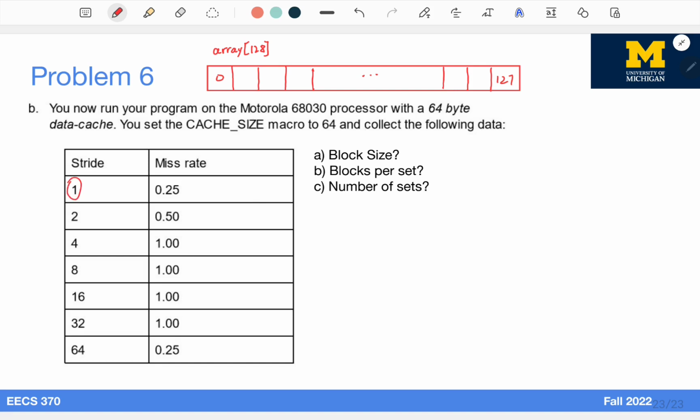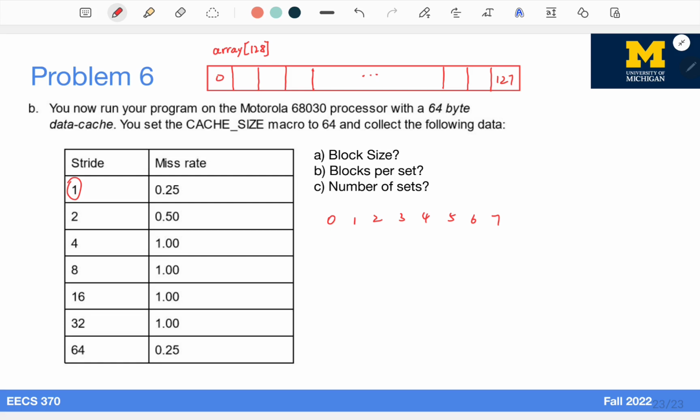Because from the previous part, we know that when stride equals 1, it will just be a sequential access to every item inside the array. And for a sequential access, the miss rate doesn't depend on how the cache looks, because we never jump over different cache blocks. We are always accessing the blocks in sequence.